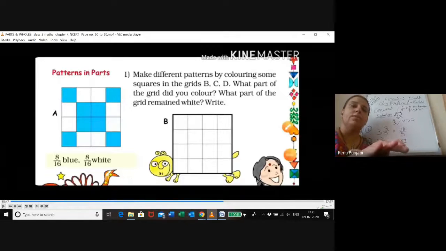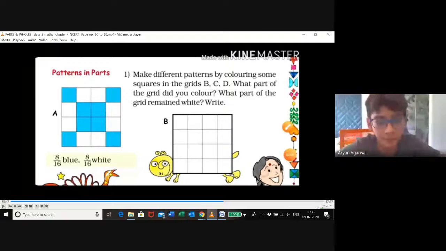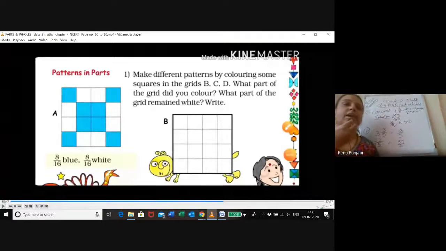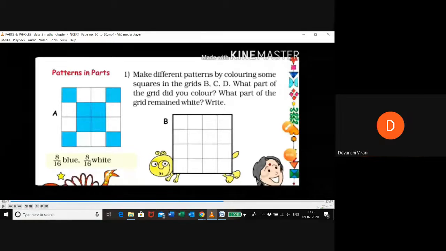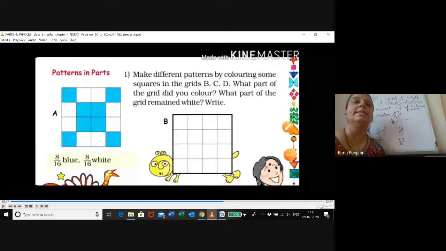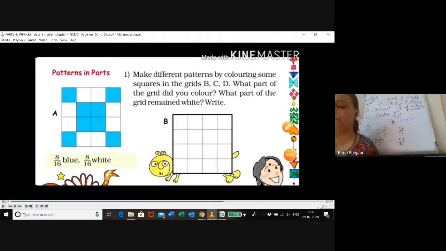So now, this page number, Aryan, is it clear? Is it same as your textbook? Yes, ma'am. Okay. So everyone has to open this page. Which page number? Page number 57.